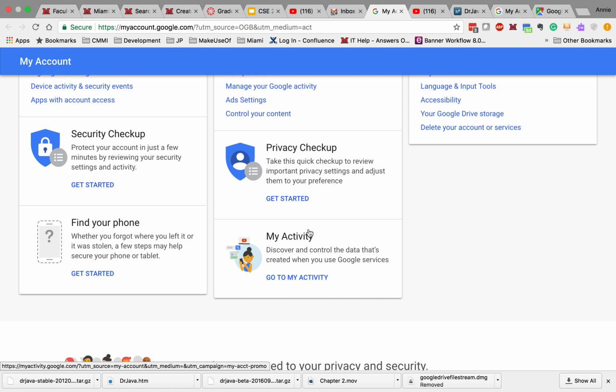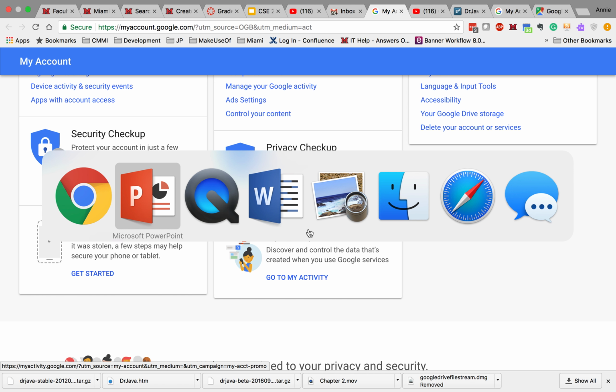So there are just many things that you should understand here. And this is just one piece. There are many apps that are doing similar things. So as you contemplate that, you need to think about this from a technology perspective, how this is affecting your privacy.